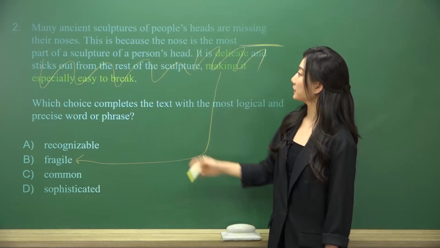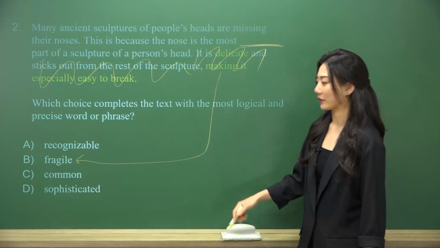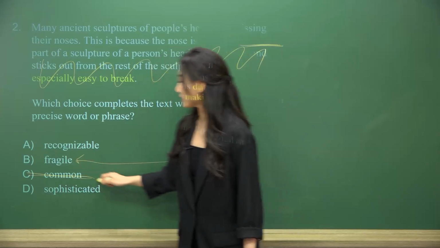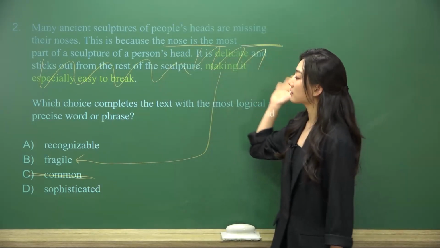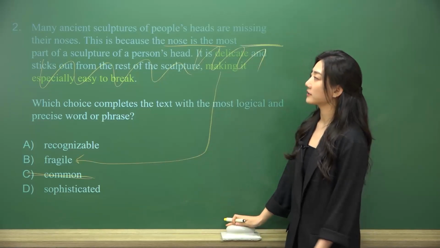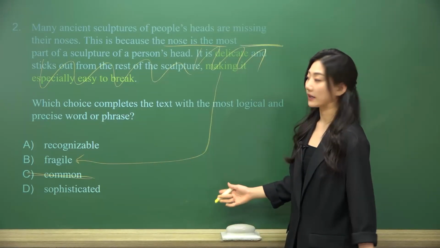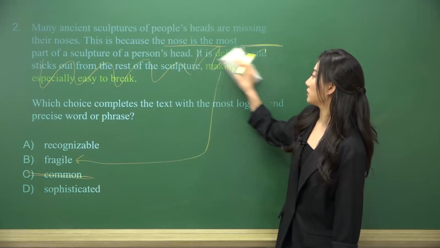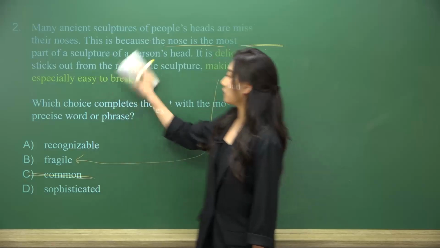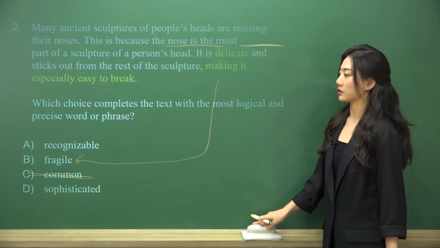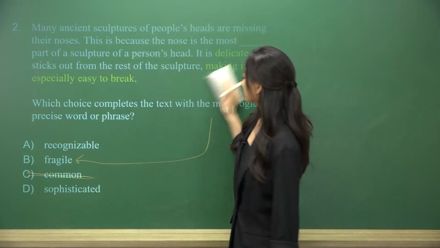Then recognizable, sophisticated, surely those words would fit; common is kind of crazy, but recognizable and sophisticated would fit, right? This is because, or maybe the nose is the most recognizable part of a sculpture. The nose is the most sophisticated part of a sculpture, maybe, right? That's why it's very important to be looking for a hint within the passage. And if there isn't one, you need to make the closest logical conclusion. Okay, next question, number 3.